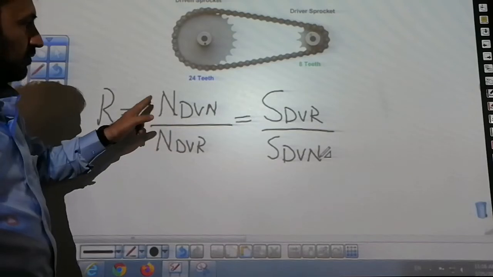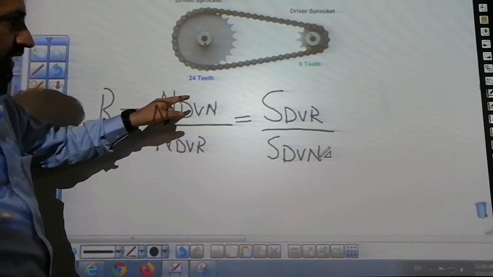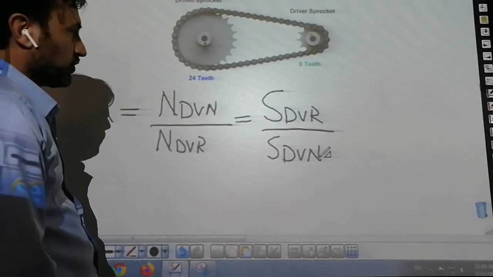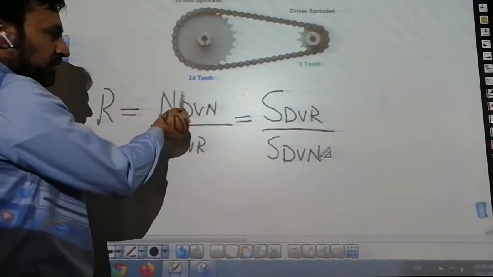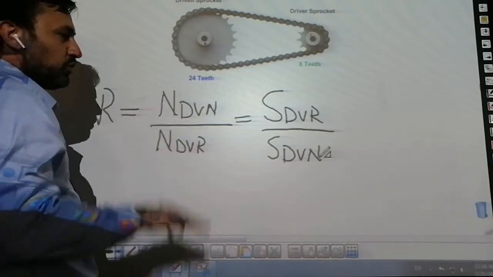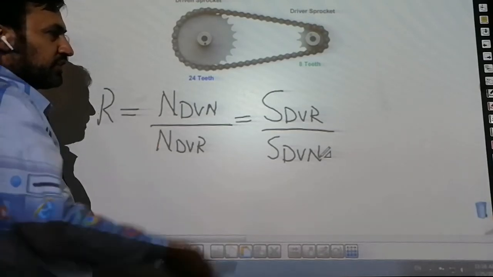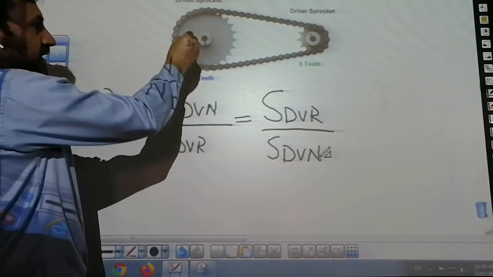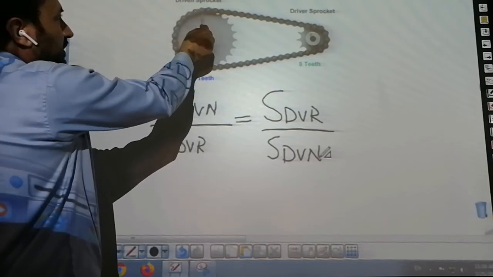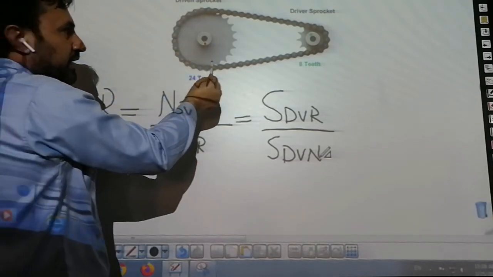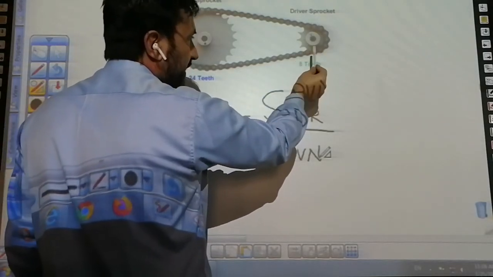You can see from this formula that number of teeth and speed are inversely proportional. It means that if we increase the number of teeth on a sprocket, its speed will reduce, and if we decrease the number of teeth, the speed will increase. Now look here, in this case there are 24 teeth on the driven sprocket, so its speed will be less compared to the driver sprocket where we have only 8 teeth.